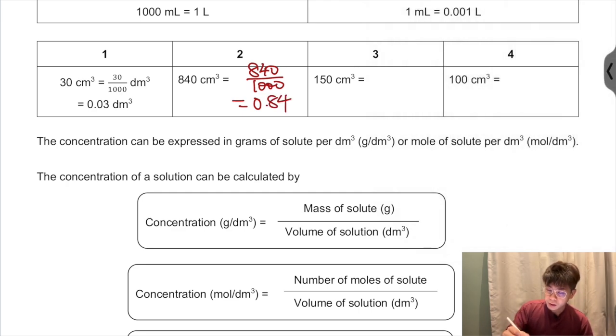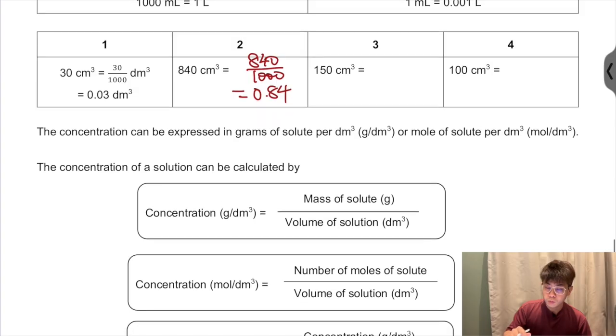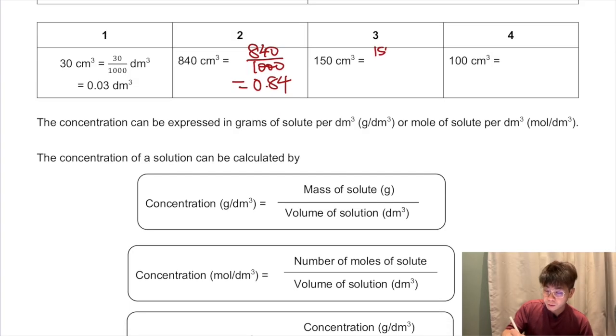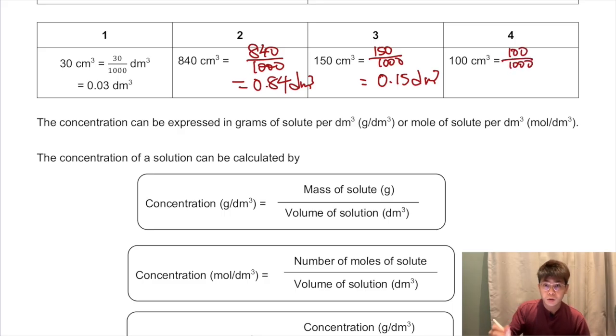Then 150 cm cube will be 150 divided by 1000, which is 0.15 dm cube. And the last one, 100 divided by 1000. Let's try it on your calculator. You must be able to calculate properly. That is 0.1 dm cube.